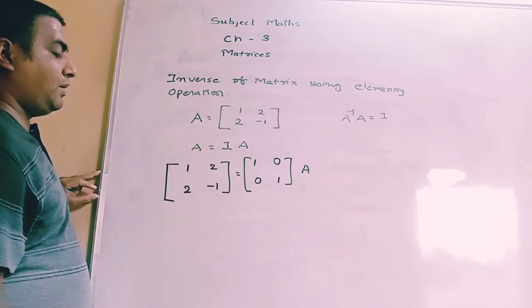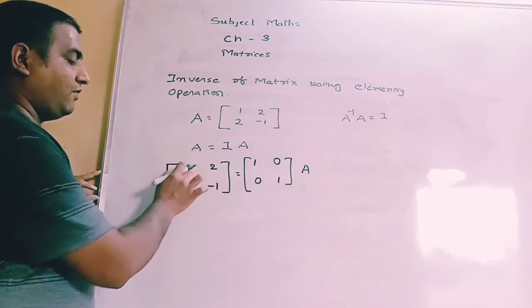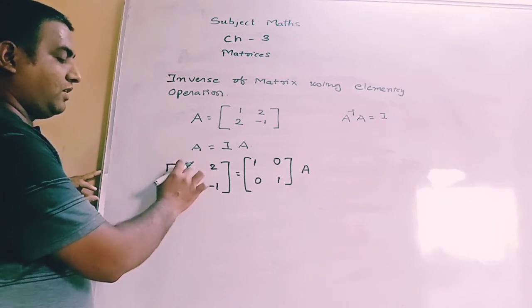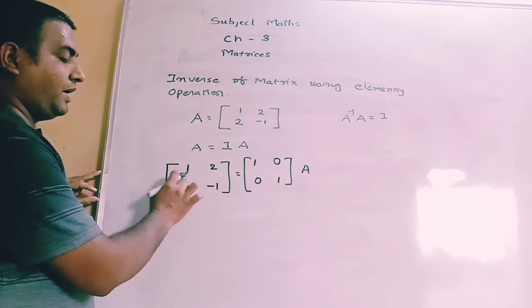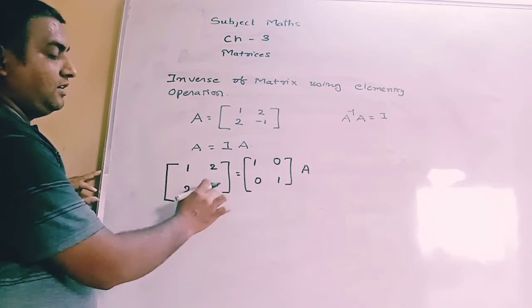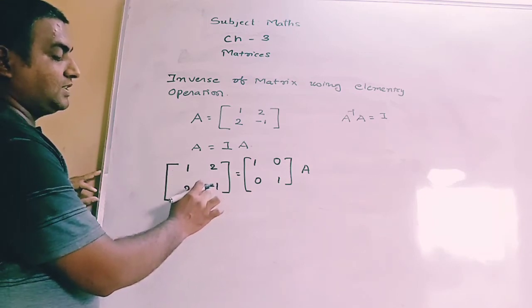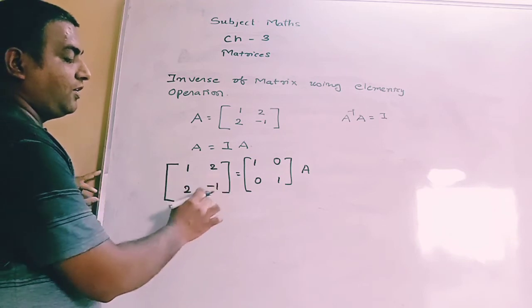Always keep in mind, first we will make this entry 1. After making that 1, we will go down to the second row. The first entry we will make 0, then again we will apply a row operation, and this entry will convert into 1.